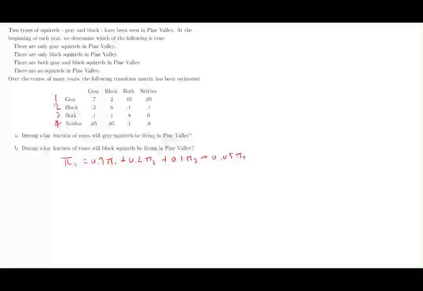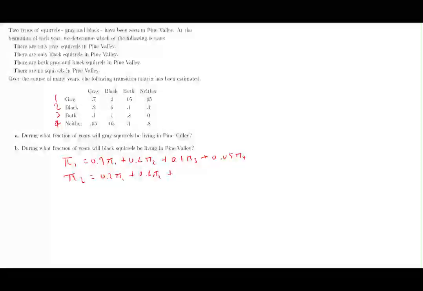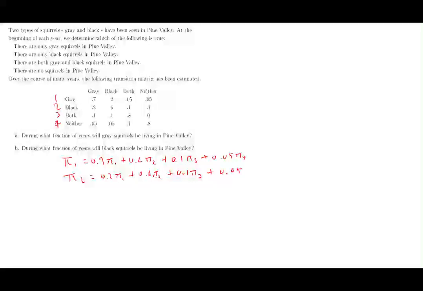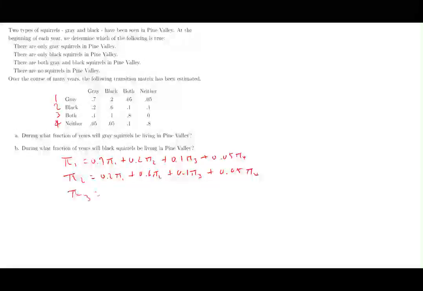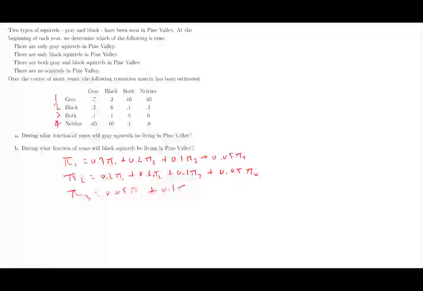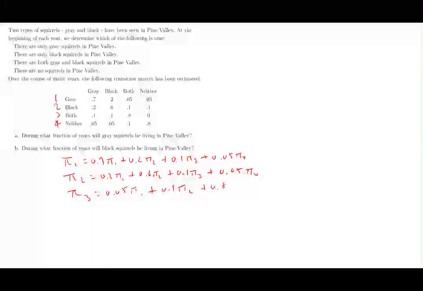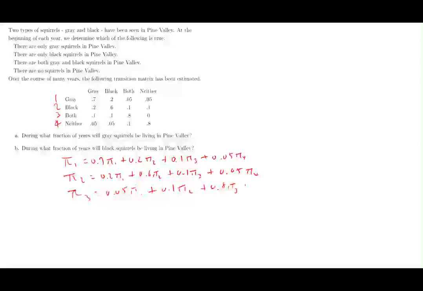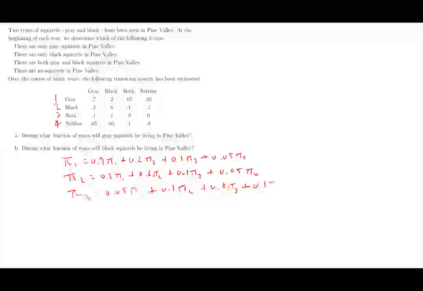Then pi2 equals 0.2 pi1 plus 0.6 pi2 plus 0.1 pi3 plus 0.05 pi4, and pi3 equals 0.05 pi1 plus 0.1 pi2 plus 0.8 pi3 plus 0.1 pi4.